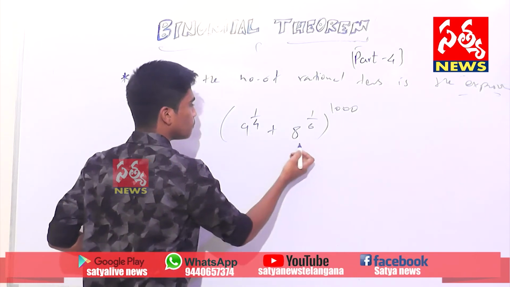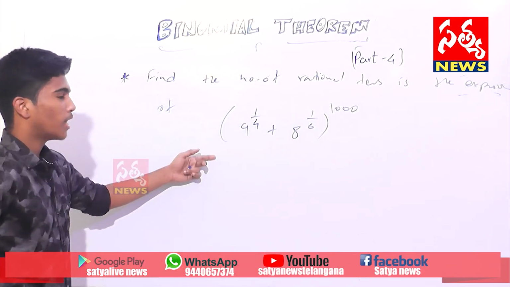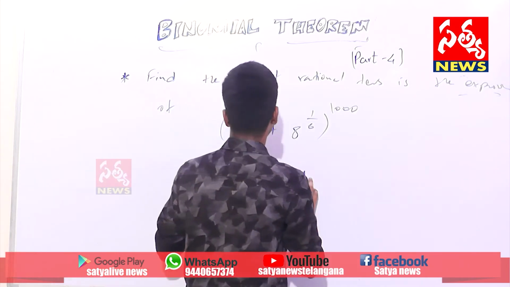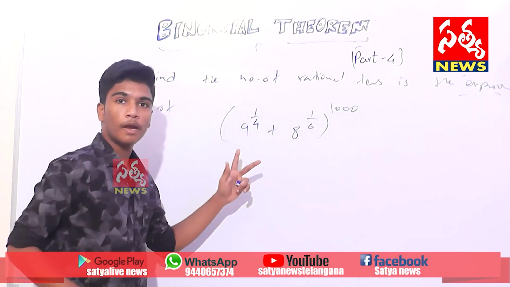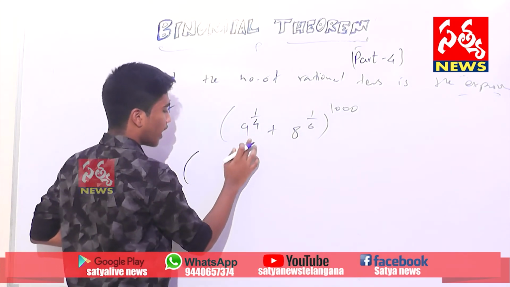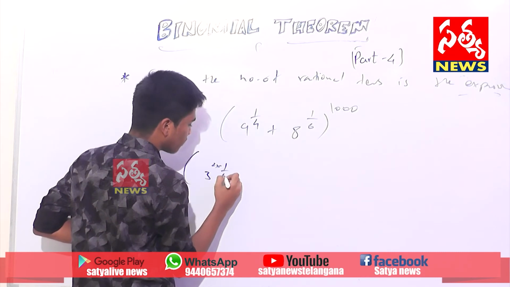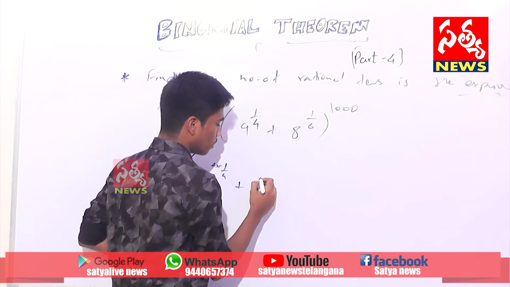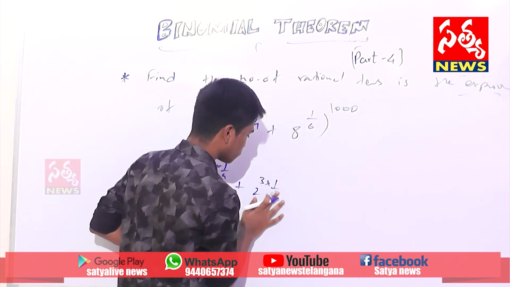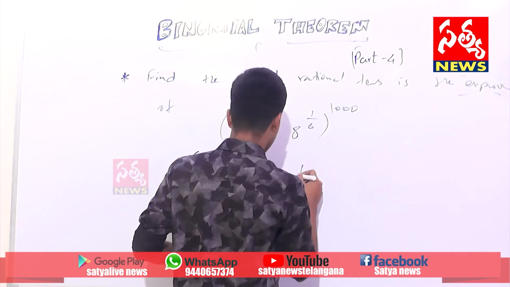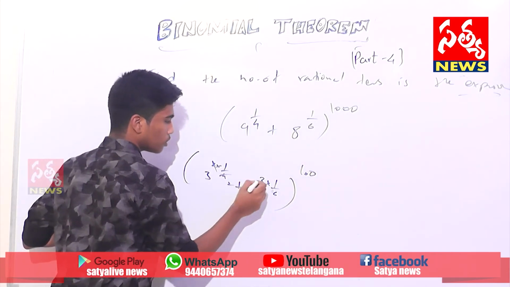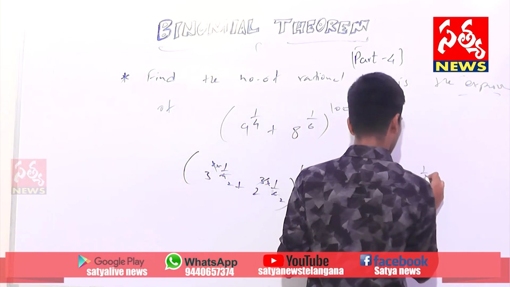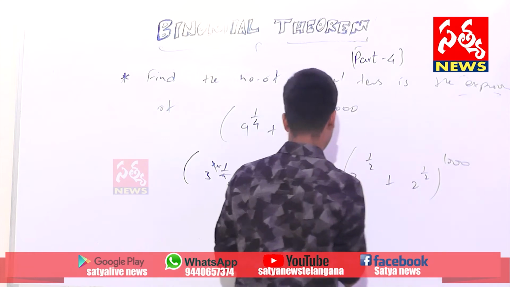So first of all, simplify this. For finding the irrational and rational terms, the first property is that x and y should be prime numbers. So 9 can be written as 3 square, and 3 square to the power 1/4, plus 8 means 2 cube to the power 1/6, whole power 1000. This is the simplified form: 3 power 1/2 plus 2 power 1/2 whole power 1000.